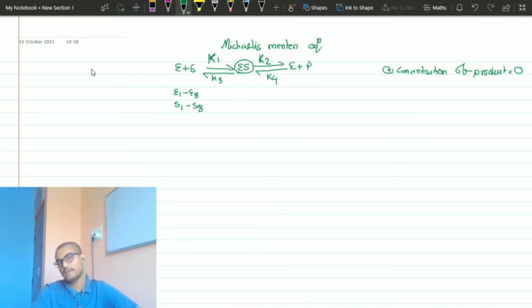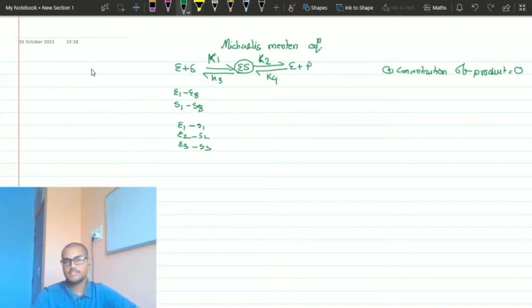Now let's suppose that among these 8 enzymes and 8 substrates, only 3 enzymes are ready to bind with their substrates, that is enzyme 1, enzyme 2 and enzyme 3 are ready to bind with their respective substrates, S1, S2 and S3.